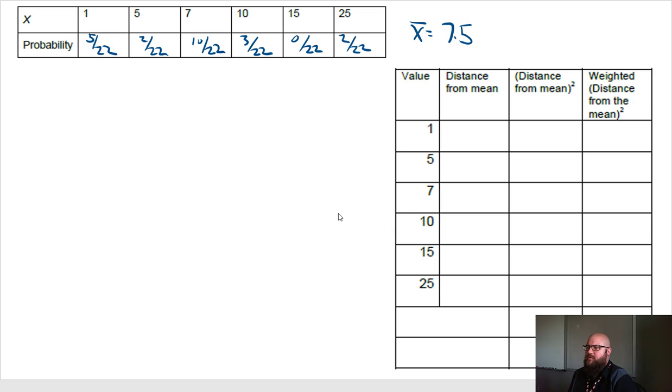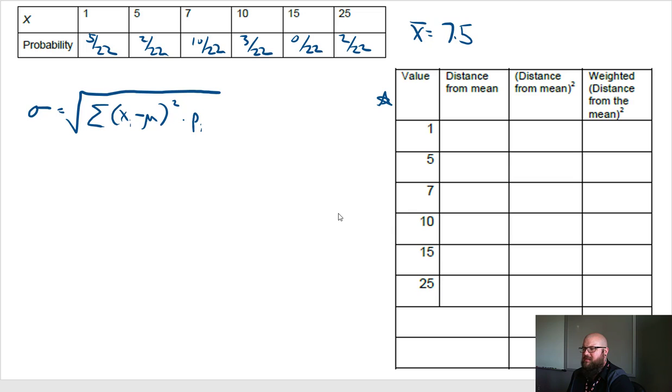And so we're going to fill in this table to talk about how to calculate our standard deviation using this method. The formula for standard deviation that we're going to go off of, again, as we did in our big ideas, is the square root of the sigma, so our sum of our x values minus our mean squared times our probability.